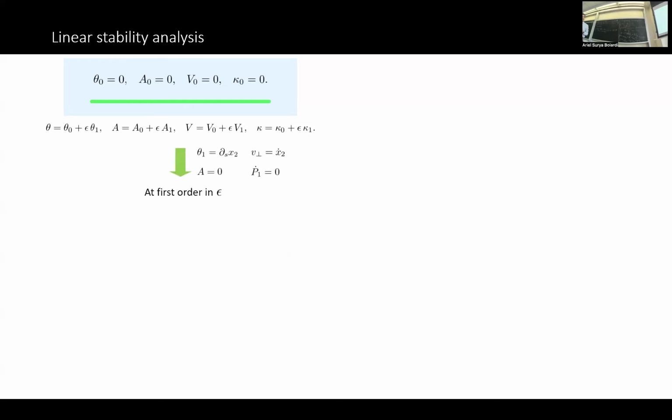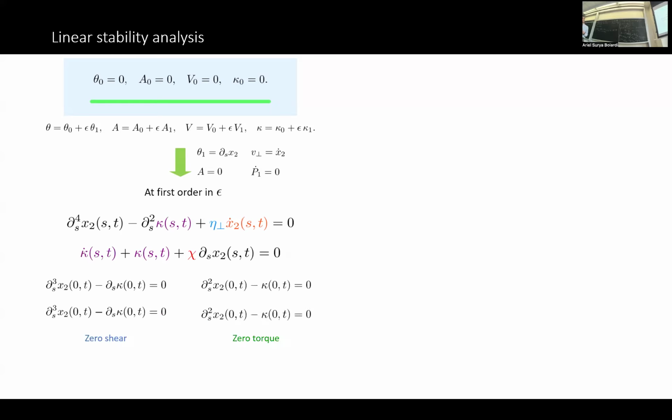By retaining only first order terms in this perturbation parameter, we get coupled linear PDEs. Now the system at linear order is only governed by 2 of the 3 parameters. And we also linearize the boundary conditions.